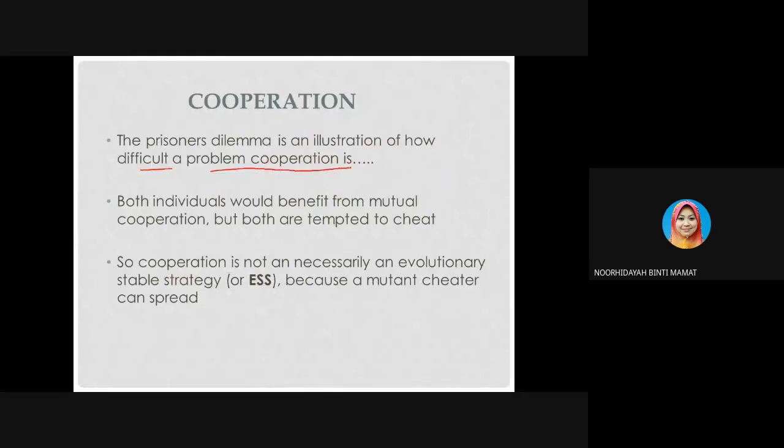It is difficult for animals to cooperate. So that is the dilemma. Both individuals will benefit from mutual cooperation, but both are tempted to cheat. So, cooperation is not necessarily an ESS because a mutant cheater can spread.